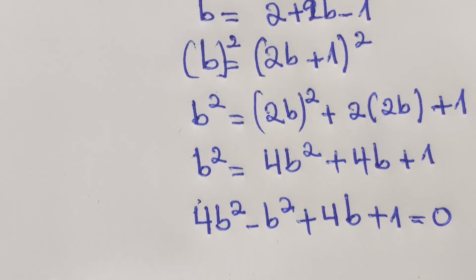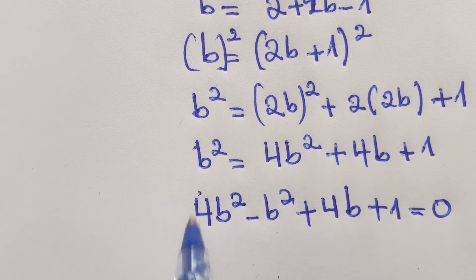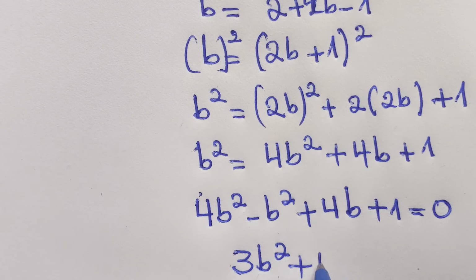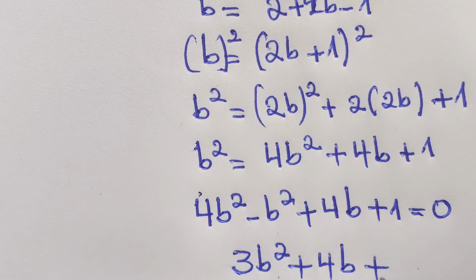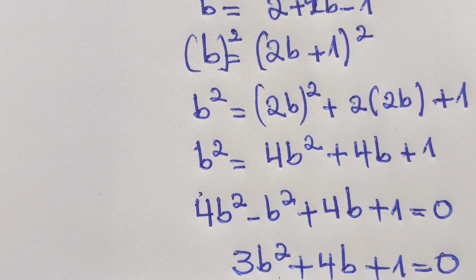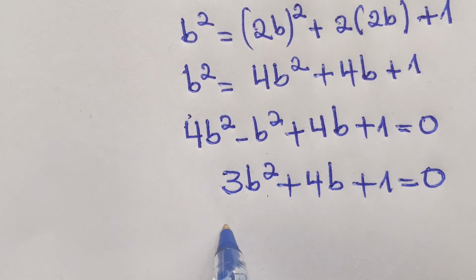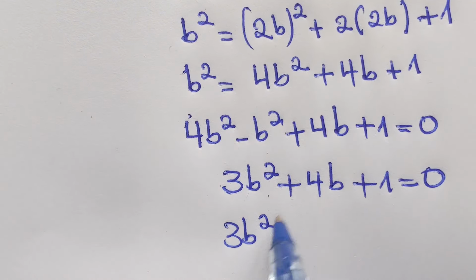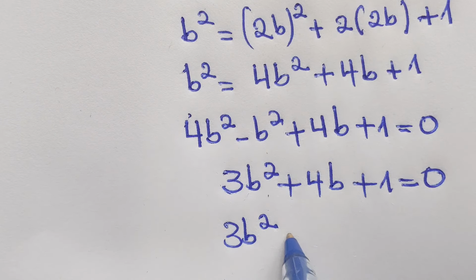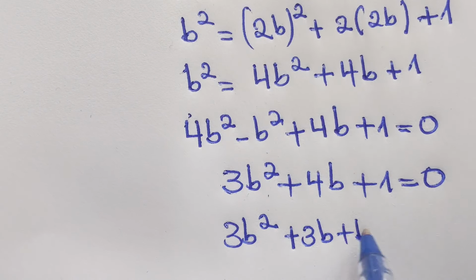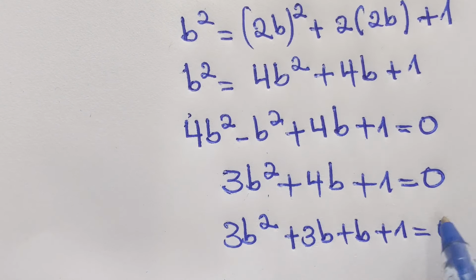Okay, then what we have right here is 3b squared plus 4b plus 1 equal to 0. Then this 4b shall be equal to 3b plus b, so we have 3b squared plus 3b plus b plus 1 equal to 0.